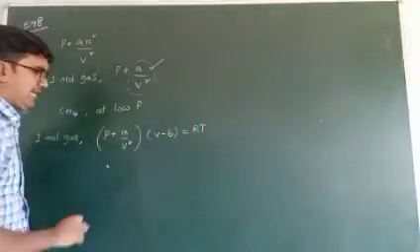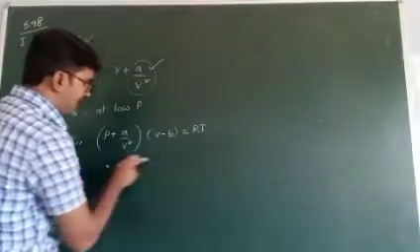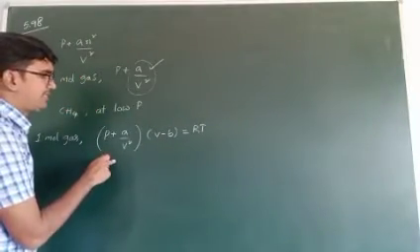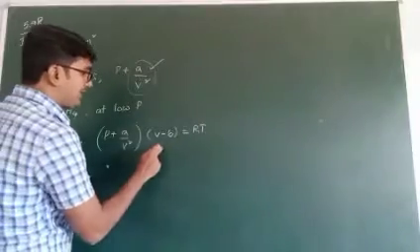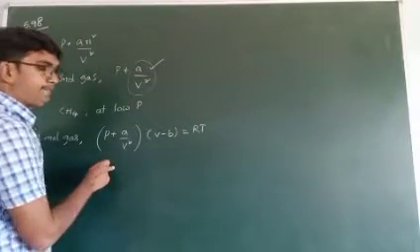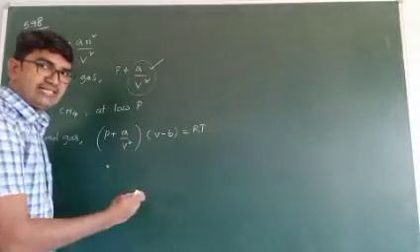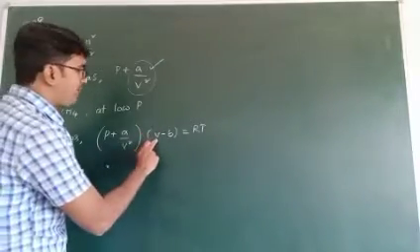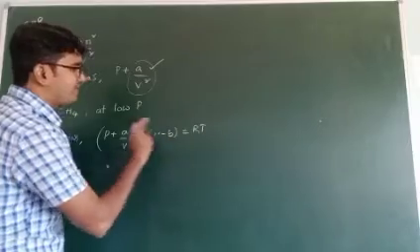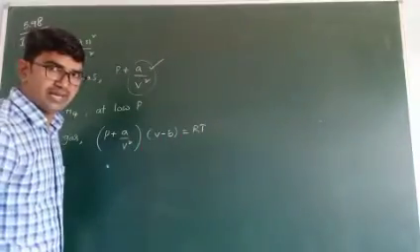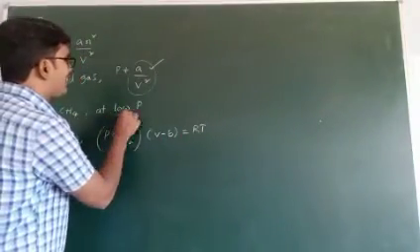Sir, this van der Waals equation at high pressure, the pressure is high. At high pressure, volume decreases. That's why we have to take the V minus b at high pressure. But the maintained one is low pressure.